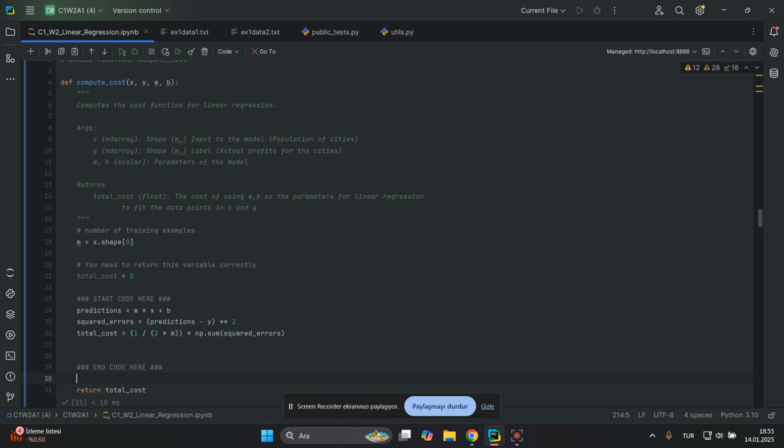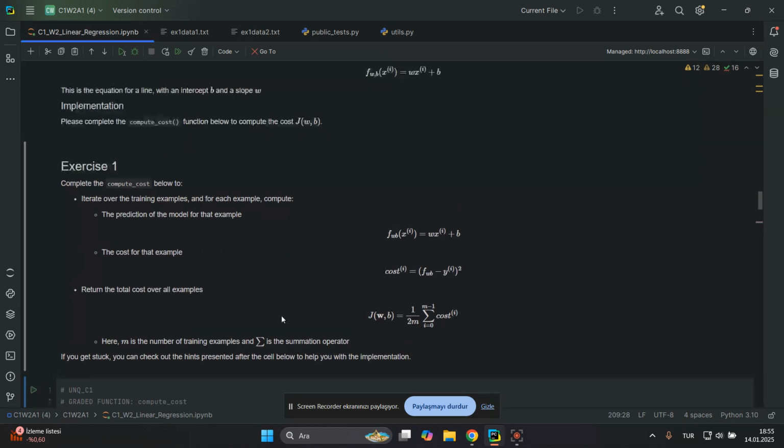I haven't run it actually, but I just defined w, x and b for the predictions.